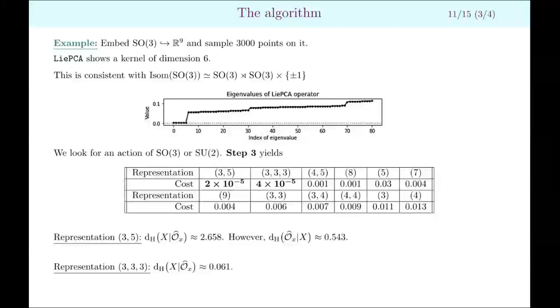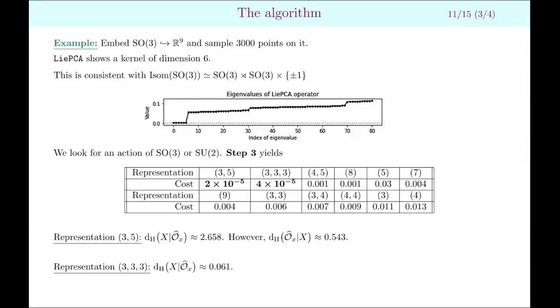I run the generalized version of the algorithm for each representation class of SU2 in R9. As you can see, 2 representations attain a very small score. If I exponentiate the output and apply it to an arbitrary point here, I obtain for the first one a large Hausdorff distance, so the orbit is not very good, and for the second one a very small Hausdorff distance.